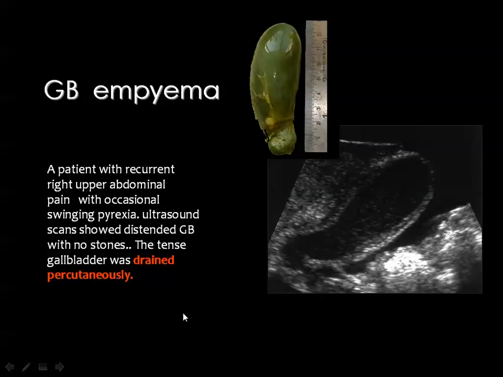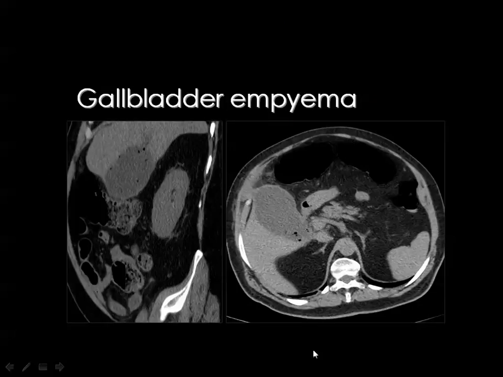In gallbladder emphysema, the gallbladder is inflamed, obstructed and markedly distended. Then you get marked enlargement of the gallbladder and thickening of the wall. And sometimes you can detect minute air locules inside the gallbladder in emphysema.